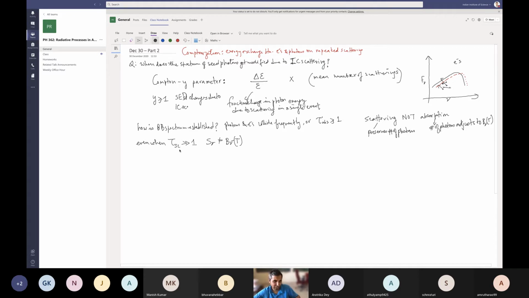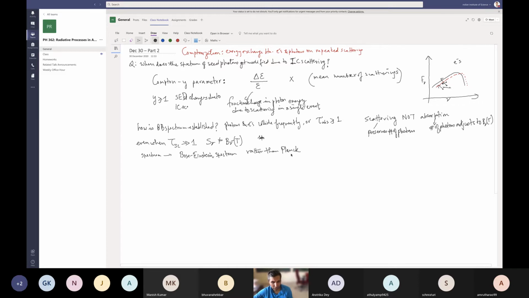So what happens when tau scattering is much bigger than 1, that is, almost all the photons undergo Compton scattering, but no emission and no absorption. The number of photons is conserved, so basically the spectrum goes to a Bose-Einstein spectrum rather than Planck.